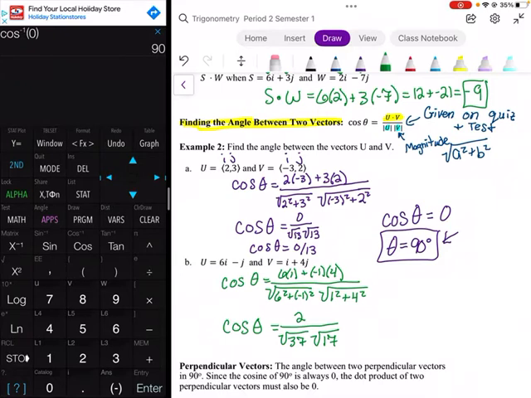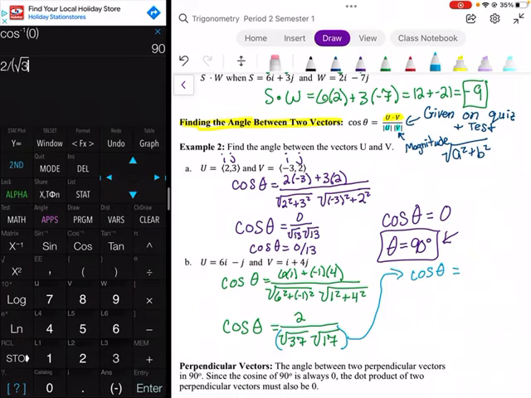So hopefully what you did next is you took this and you did cosine theta equals, and then you plugged it into your calculator. When you plug this into your calculator, if you're using the division key like I am on mine, you are going to want to put parentheses around your denominator if you leave them separate.